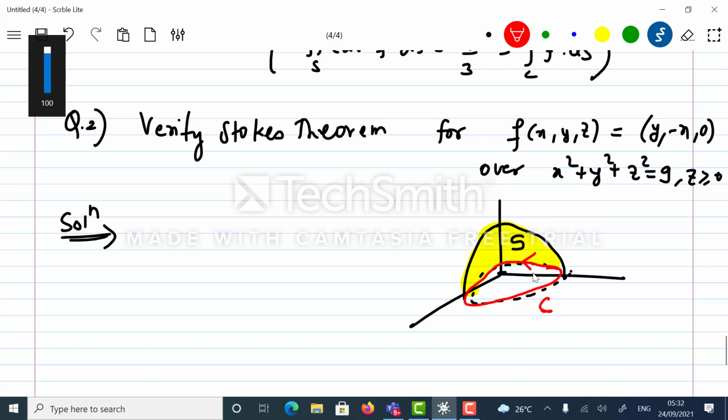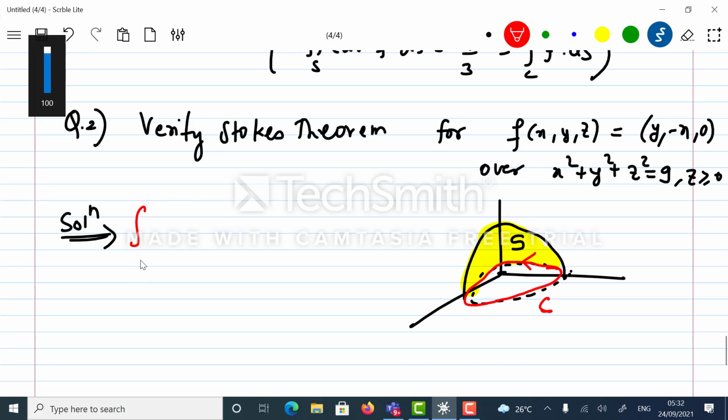So when you are evaluating a line integral, you need a boundary. That boundary is basically this circle, x square plus y square is equal to 9, whose radius is 3. In two dimensions it will be a circle.